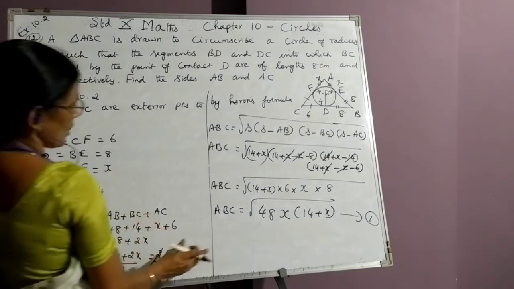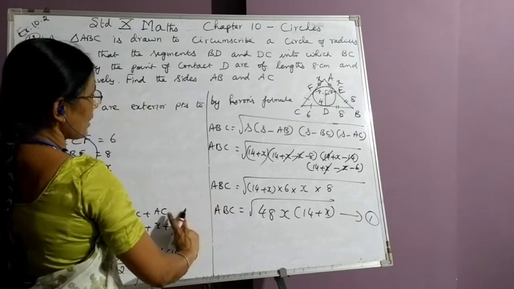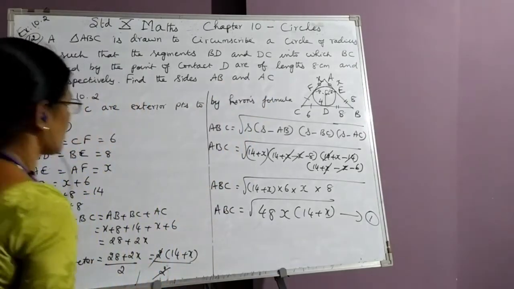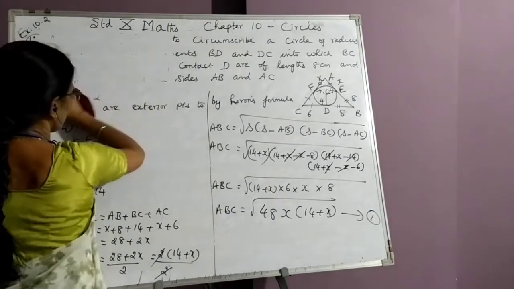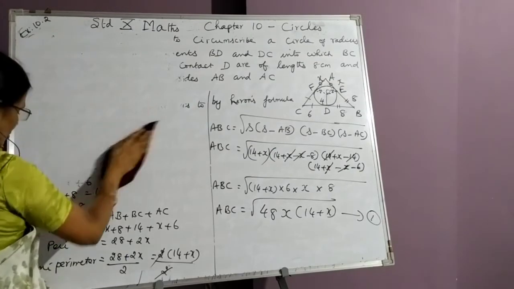Again we are going to find out the area of the same triangle by a different method. By comparing these two areas, we are going to get the values of AB and AC. We know area of triangle is half base into altitude.